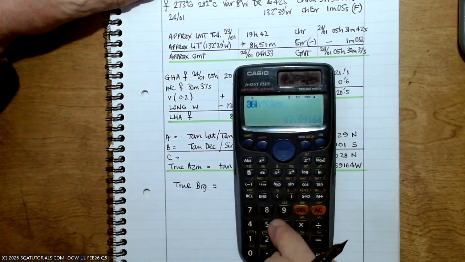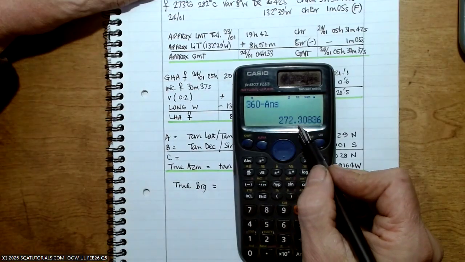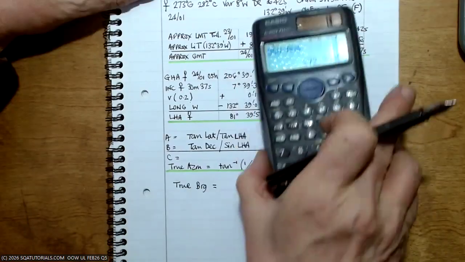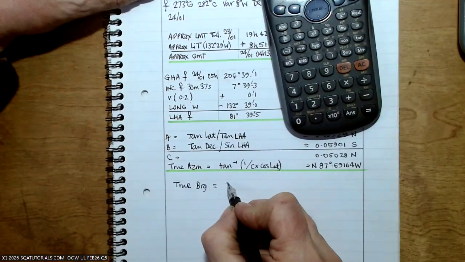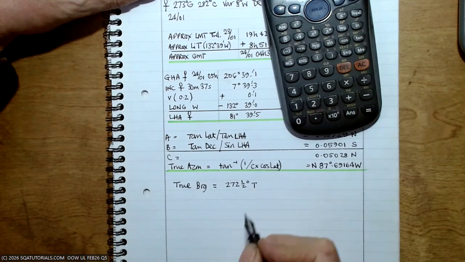So 360 minus answer is 272.3. The nearest one is a half. So 272.5 or 272 and a half. 272 and a half degrees true.